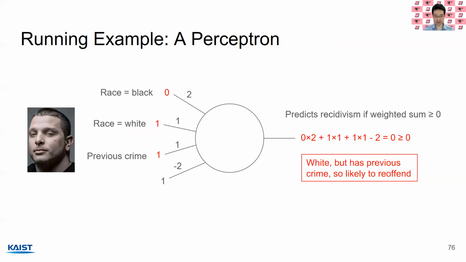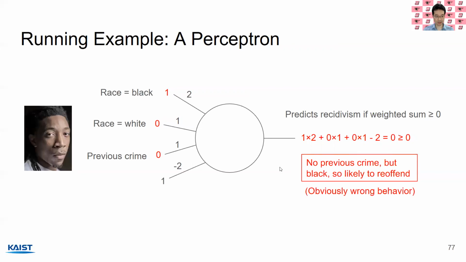What about this person? The only difference is that, let's say this person committed a previous crime. Then the weighted sum is going to be 0, which is at least 0. Therefore, the model predicts recidivism, and the interpretation is that this person is white, but has previous crime, so is likely to reoffend. Let's say that the last person does not have a previous crime and is a Black person.